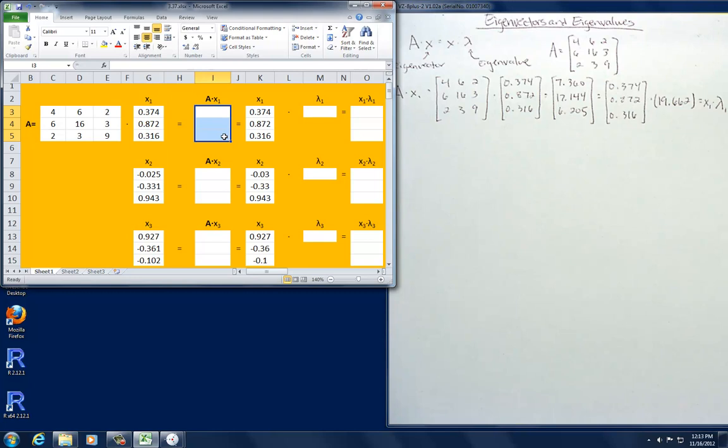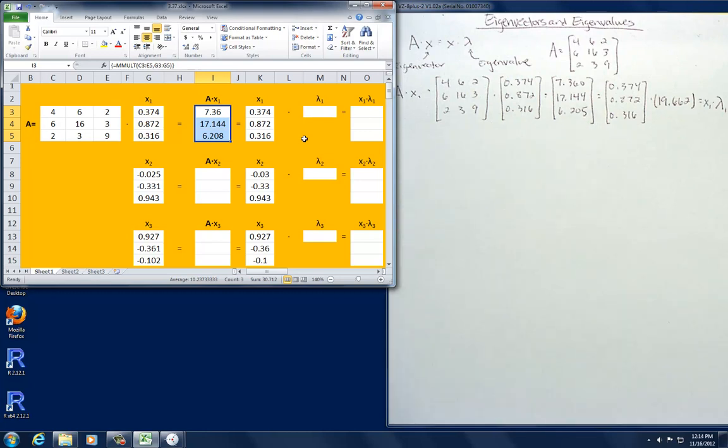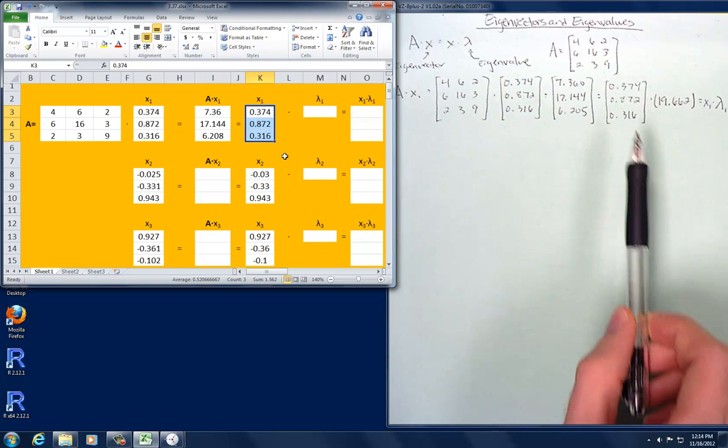Now when we do matrix multiplication, Control Shift Return, we find out what we found out over here. And I'm showing here that we do x sub 1 again, which we have here.